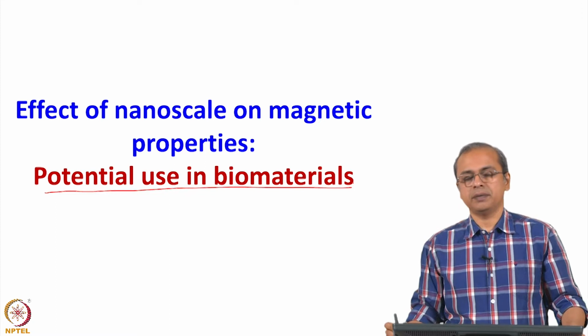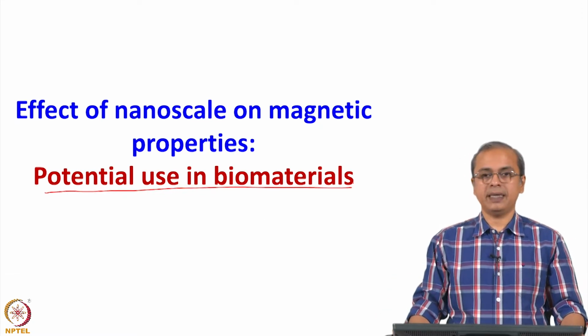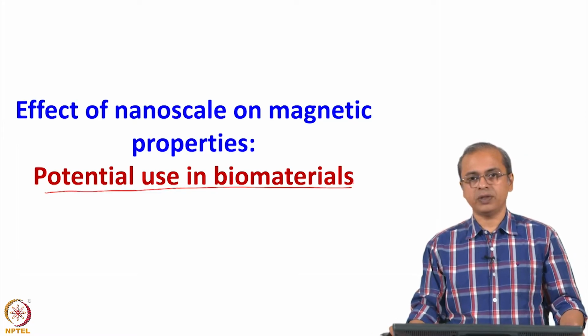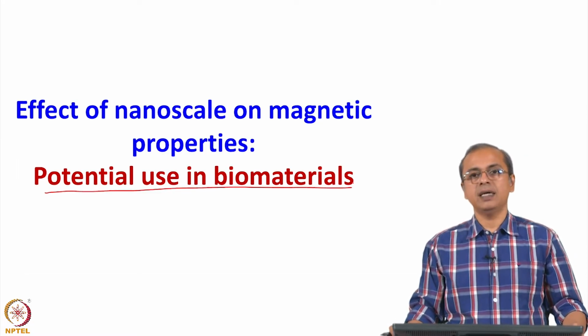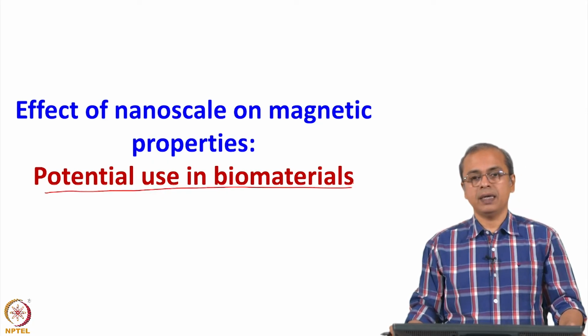There is a wide range of areas where you can apply magnetic properties, and we do in fact technologically apply it in a wide range of areas. But biomaterials by itself is a very vast and also very interesting area.